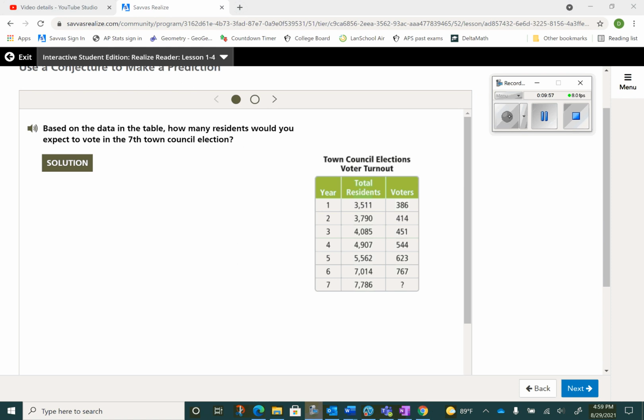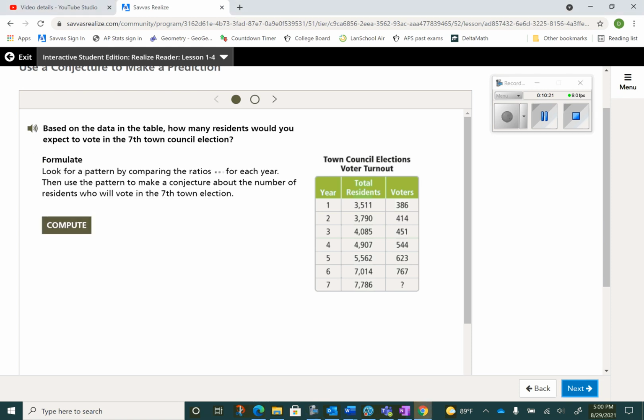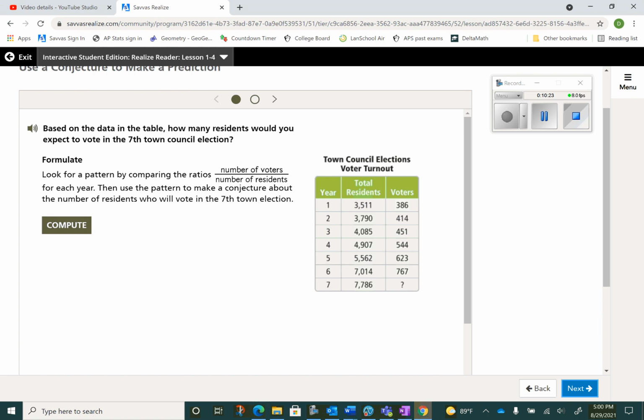So we have a nice table telling us here for the past 7 elections or so, total number of residents in this particular precinct, and oh my goodness, the pitiful, despicable voter turnout numbers here. Oh, that's somewhat depressing. All right, so we look for a pattern.